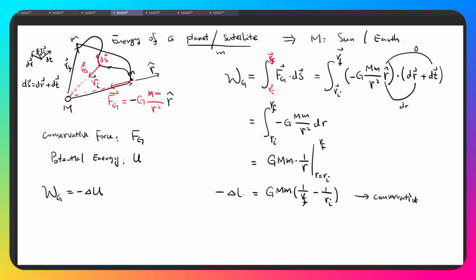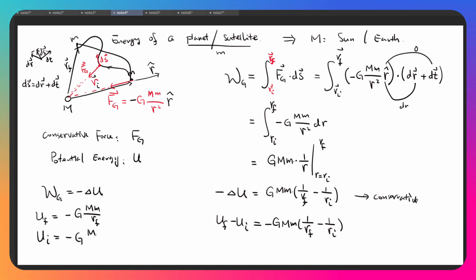That's negative delta U, and delta U is U final minus U initial. Let me also move the negative sign to the right side: negative G M m times 1 over r final minus 1 over r initial. Now, if I compare the two sides, I can say U final equals negative G M m over r final, and U initial equals negative G M m over r initial.